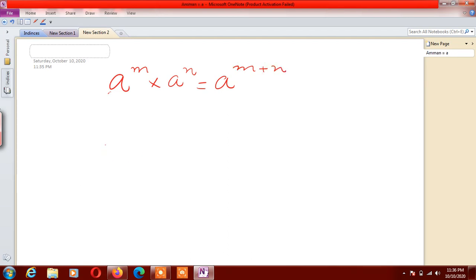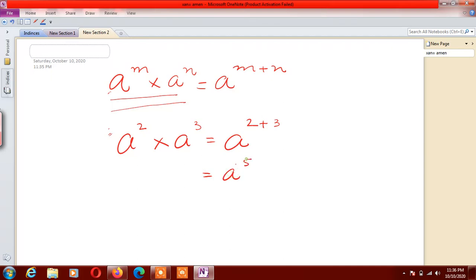Now what does it mean? It says whenever we have the same base in multiplication, we have to add the powers, like m plus n. If I take any number instead of the variables, like a squared multiply a power 3, it means that 2 plus 3 is equal to a power 5.